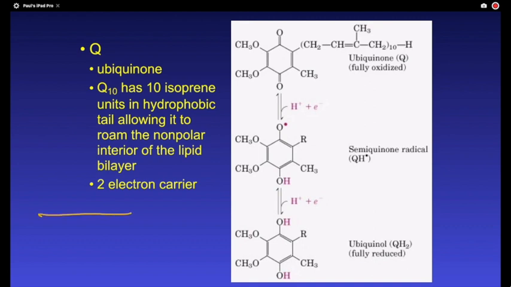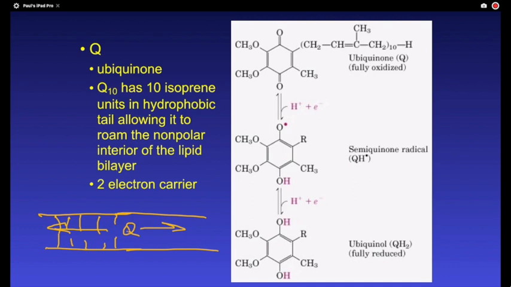So you have a polar region, you have a polar region, and remember you have all those hydrophobic tails. Q is dissolved inside between the polar heads that are interacting with the water, and it moves inside the membrane, back and forth. So it's going to travel inside all of those hydrophobics.